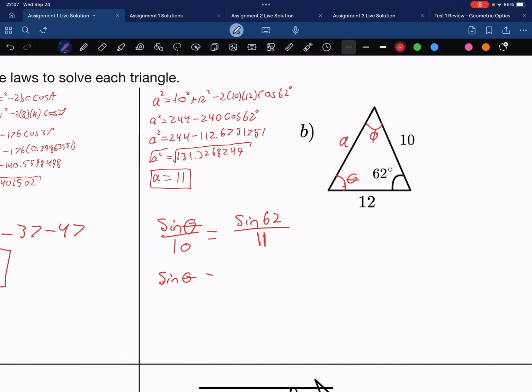Solving this the exact same way we did it previously. Sine 62 over 11. Theta equals the inverse sine of 10 sine 62 over 11.